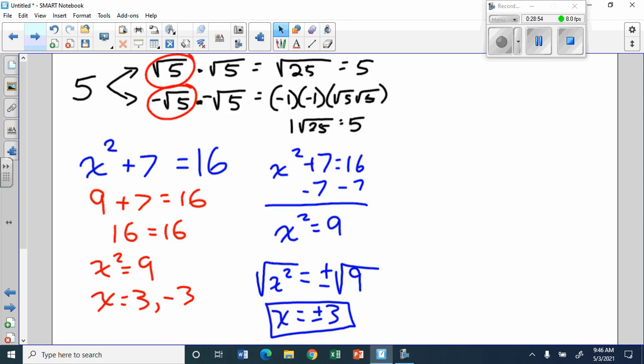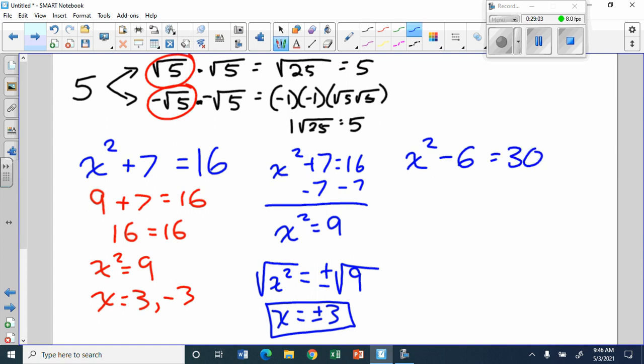So we looked at one more. Let's say x squared minus 6 equals 30. We'll go a little simple one there too. How do I get x squared by itself? Add 6 to both sides. So x squared equals 36.